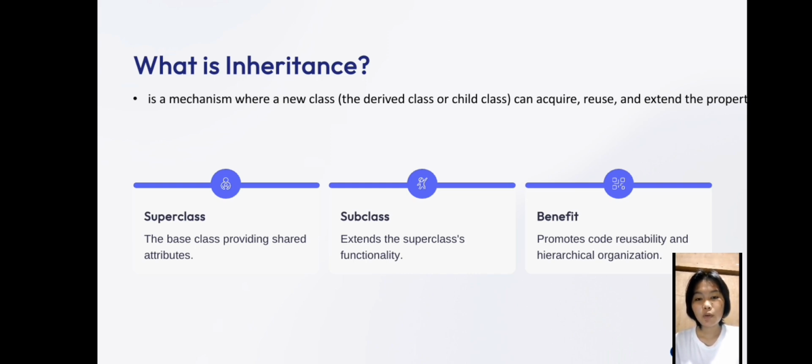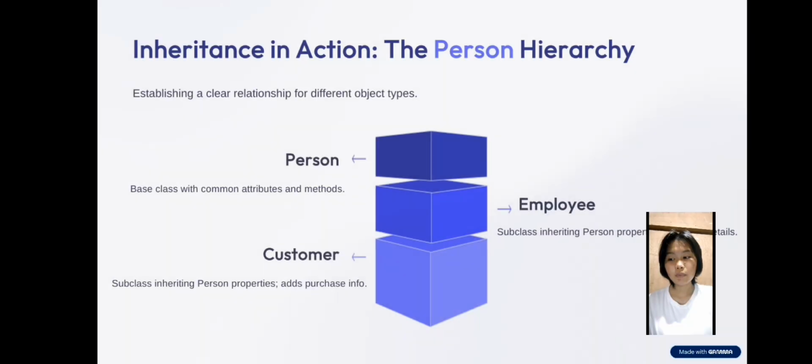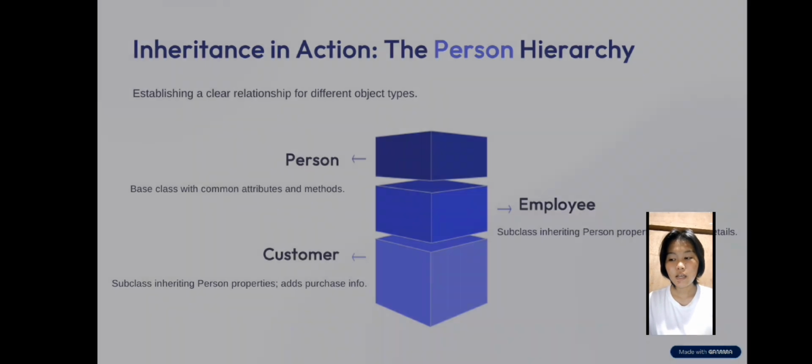Superclass provides common attributes and behaviors that can be shared by other classes, while the subclass, on the other hand, extends the superclass by adding new features or modifying existing ones. For example, we have a person class that contains basic information such as name or age.